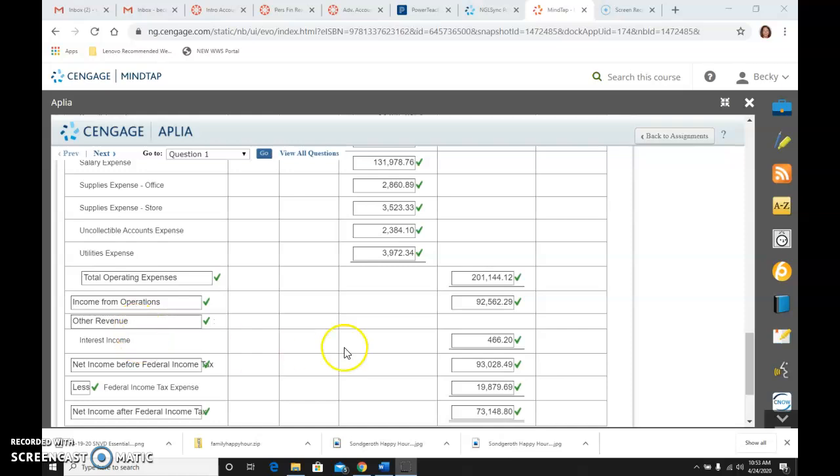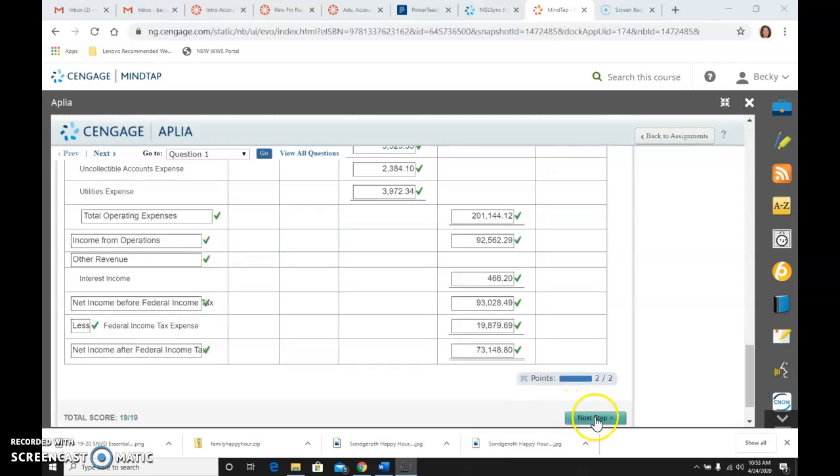Then I have other revenue of interest, $466.20, from up above. That's an add, so I add these two to get net income before federal tax, less the tax from up above, equals net income after federal income tax. So go ahead and pause if you need to on that.